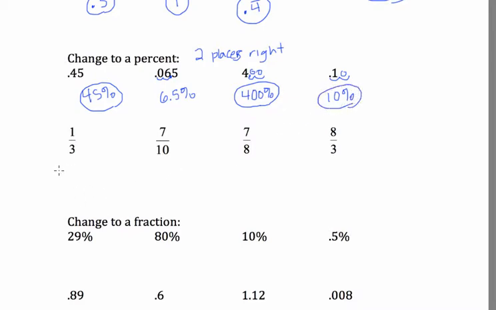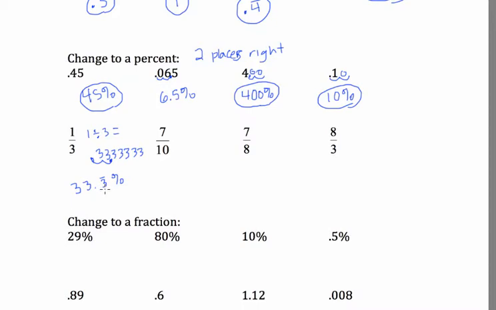To go from a fraction to a percent, first change to a decimal by dividing, then change to a percent by moving 2 places right. So 1/3. 1 divided by 3, either on my calculator or a lot of times people will memorize this one, is 0.3 repeating. Now you move your decimal place 2 spots to the right. You get 33.3 repeating percent.